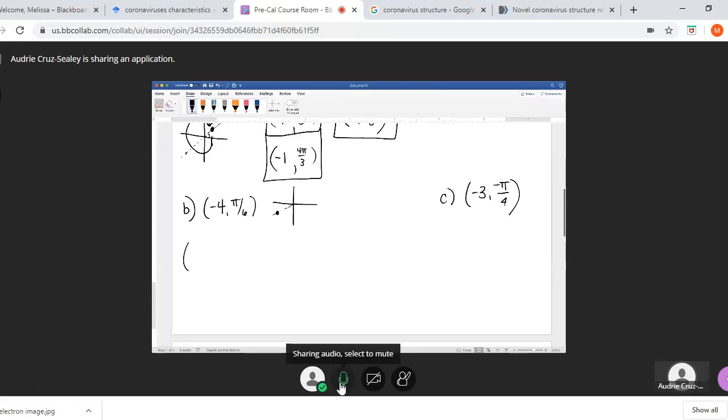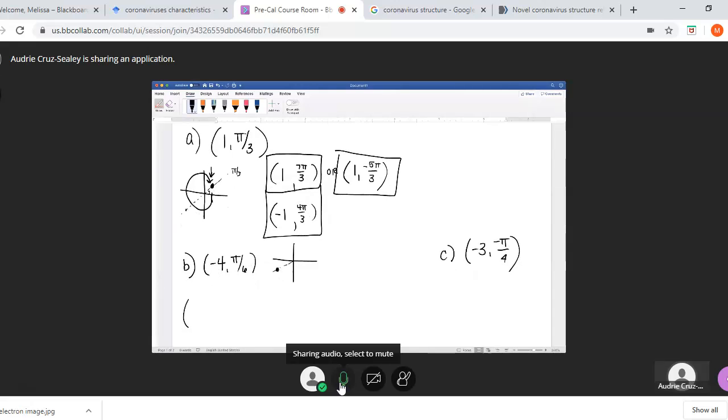That's why that's here, because pi over 6 is over here. You flipped it. This point and this point, that is that point. They're the same. So what you're trying to do is come up with 2 more points that will land you in this same position. Does that make sense?